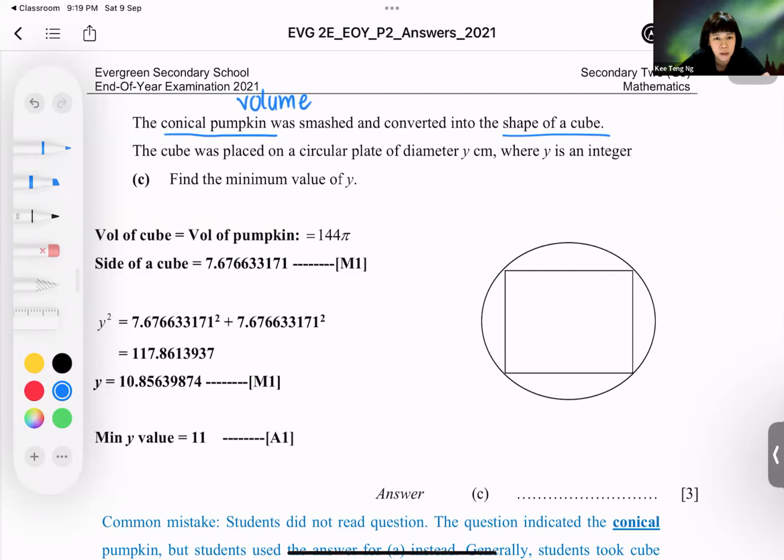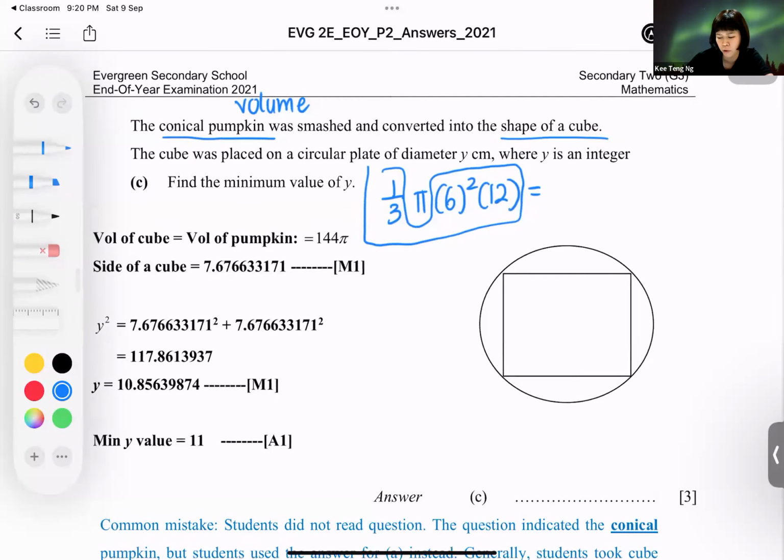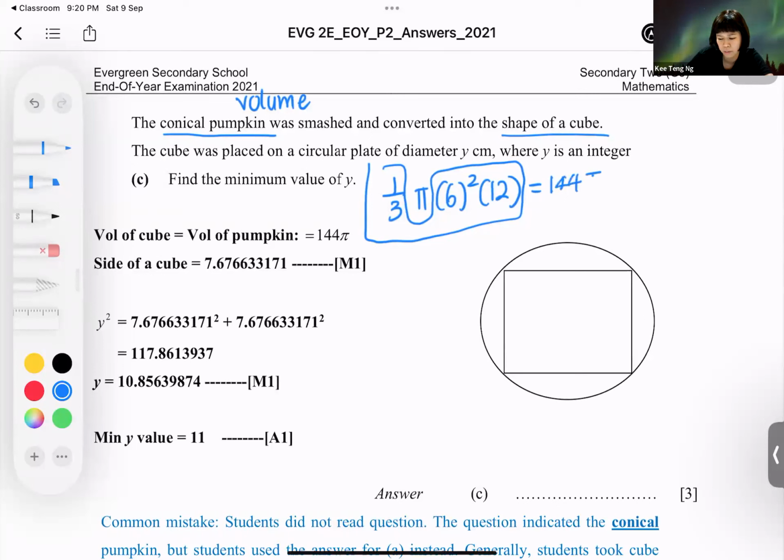So volume of the pumpkin is 1/3 pi r squared h, so 1/3 pi r squared times the height. Let me keep this in terms of pi to be as accurate as possible. 1/3 times 6 squared times 12 gives me 144 pi, which is what the teacher actually put down here.